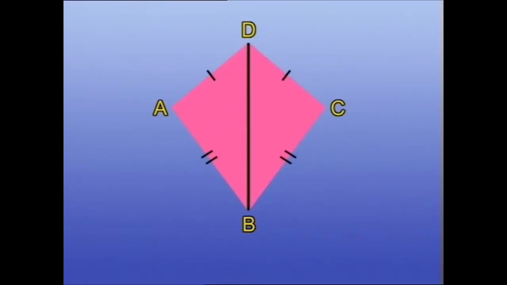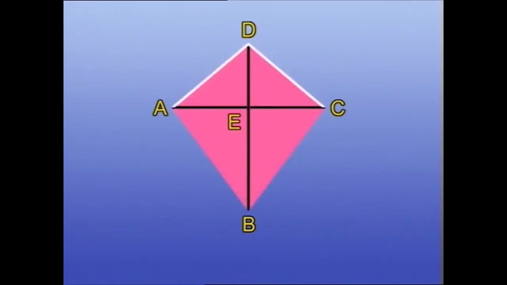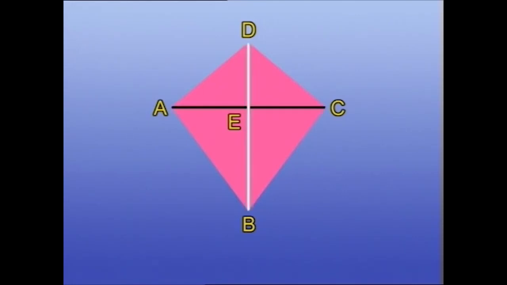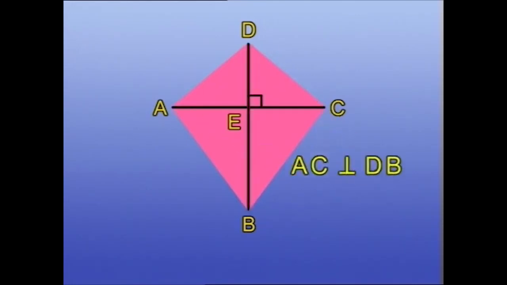Using the SSS rule, it's simple to demonstrate that triangle ABD and triangle CBD are congruent. Also, using the SAS rule, we can demonstrate that triangle ADE is congruent with triangle CDE. Therefore, another property of a kite is that the two diagonals are perpendicular to each other.